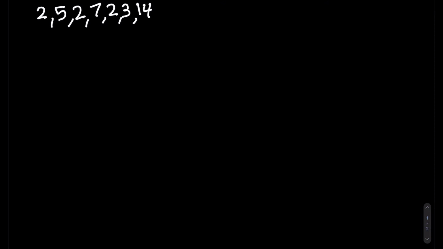Let's go over some definitions here. We have the mean. And mean is just an average, which is denoted by the addition of all the data points divided by the total number of data points. As indicated by the word average, this is a measure of center.